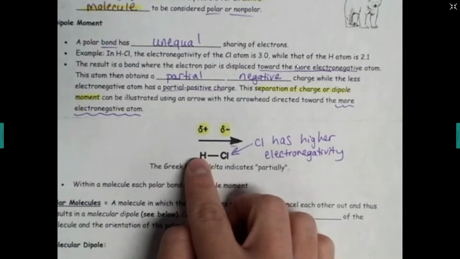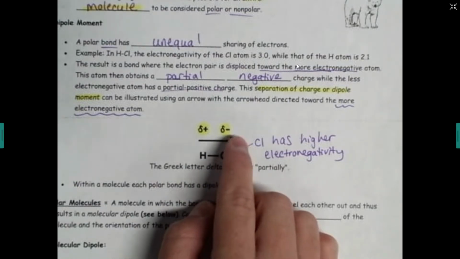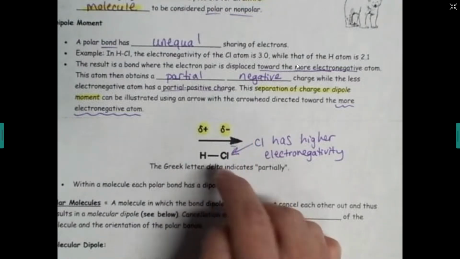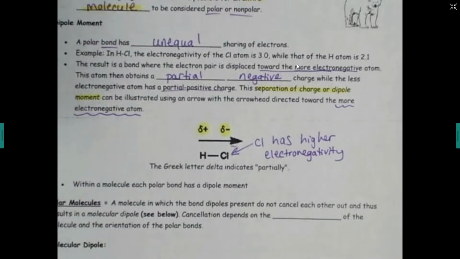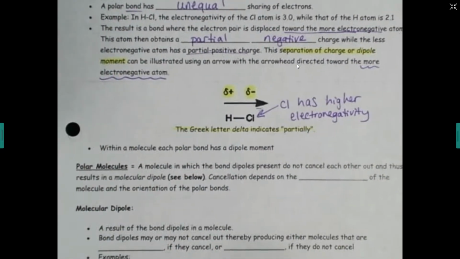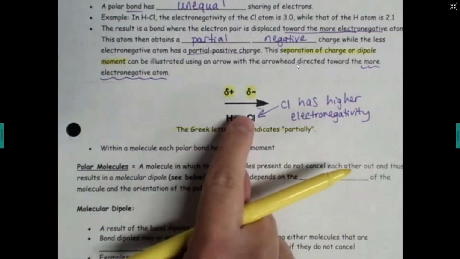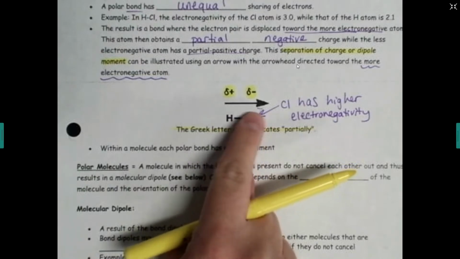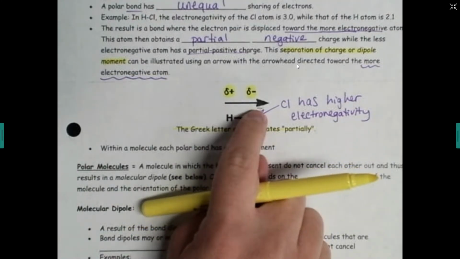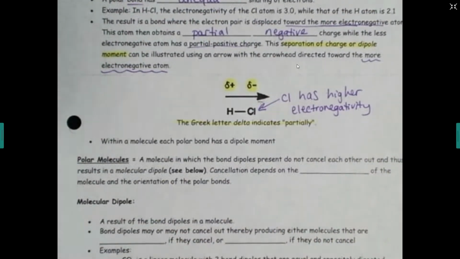They're still sharing, but not very equally, because chlorine is hogging them a little bit more often. Within each polar bond, we have what's called a dipole moment, or basically an area where the electrons spend more of their time.